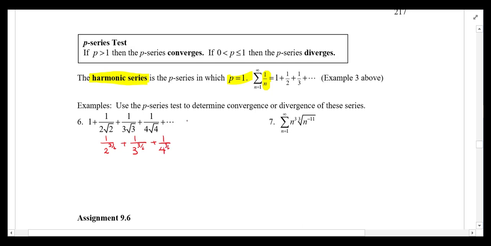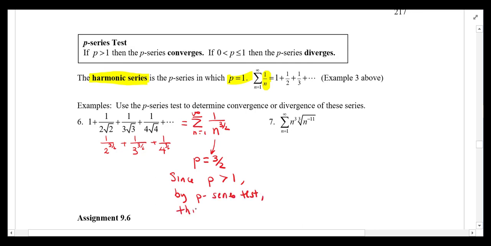Yeah, so really I can rewrite this as the summation of n equals 1 to infinity of the expression 1 over n to the power of 3 halves. And therefore, I see that this is in the p-series form because it's 1 over something to a power. Note, in this case, the p-value is equal to 3 halves. And since this p-value is bigger than 1, by the p-series test, we know this converges.